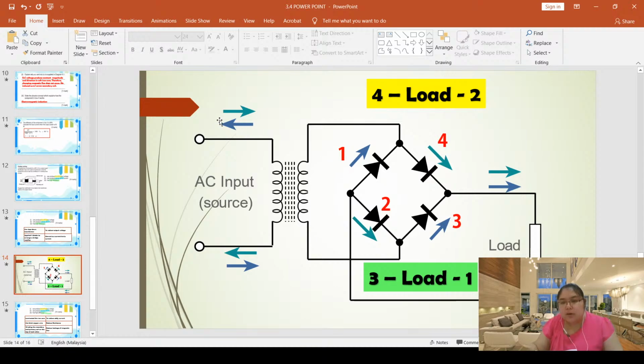So if I start from here, the current must go through the positive first. They go in the positive through number 4. After this, I cannot go to number 3, because number 3 here is negative. I must finish 1 cycle first. So the positive will go here. Now you've got a junction. Where to go? Follow this green color arrow. I go to find the load. This one is a resistance.